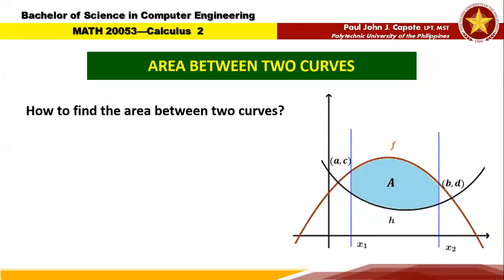How to find the area between two curves? We simply get the difference in the areas under these curves. So A equals the area under function f of x minus the area under the graph of the function h of x.